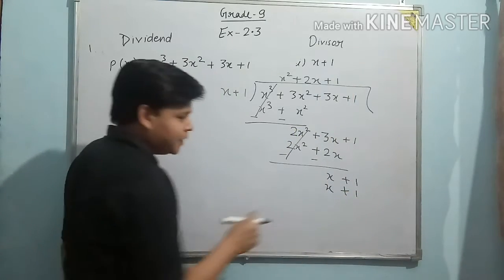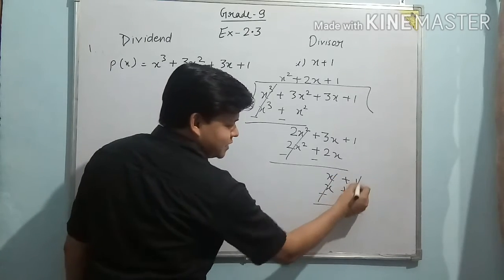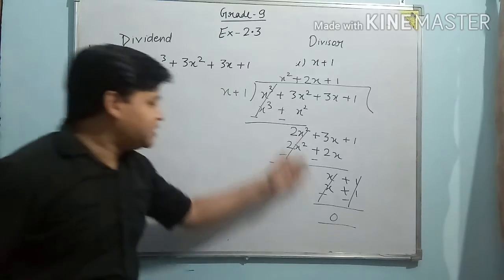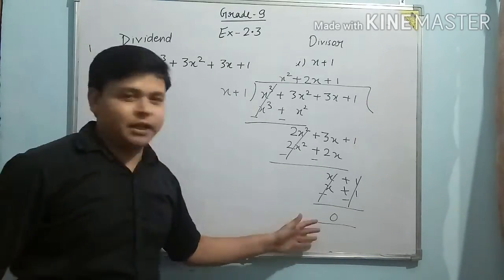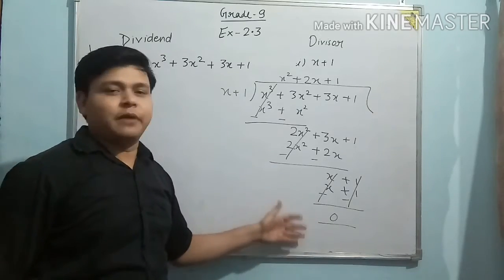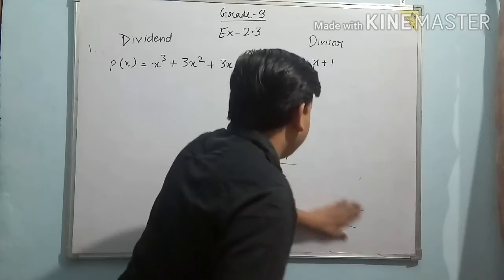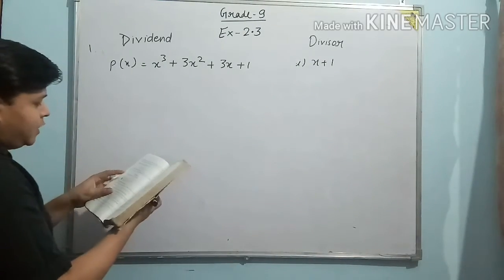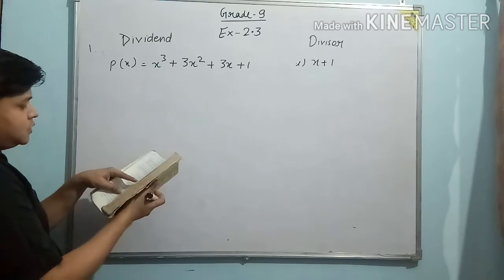Change the sign here, so plus will become minus, plus will become minus. x is cancelled, 1 is cancelled by 1, and finally the remainder is 0. So that's what was already done by using the remainder theorem here. So this was only to make you understand, but you will not use this method, right? So this was the solution of the first part. Now let's take another one, the second one. I'm telling its third part now.